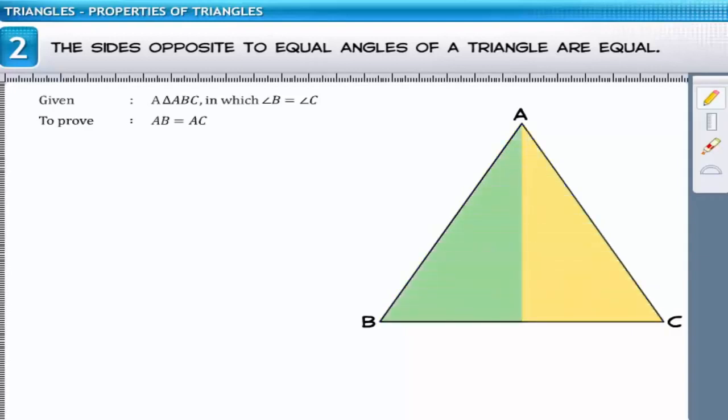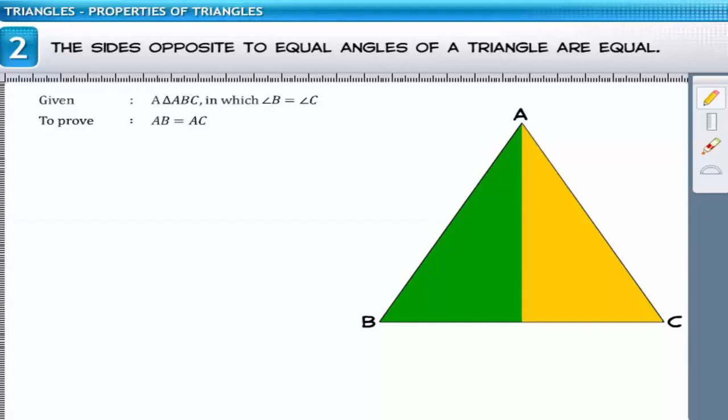Like we did in the previous proof, here too, we'll draw a bisector from the vertex to the base. This divides the triangle into two triangles. After that, using the criteria of congruence, we'll prove that the resulting two triangles are congruent.